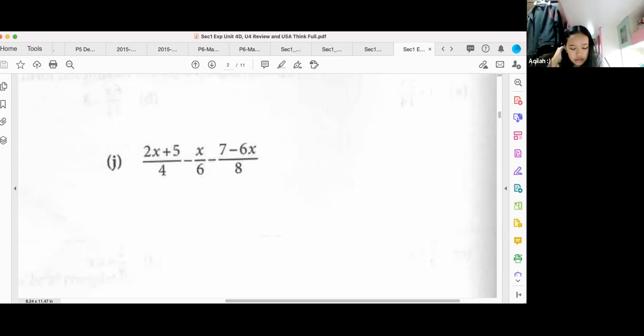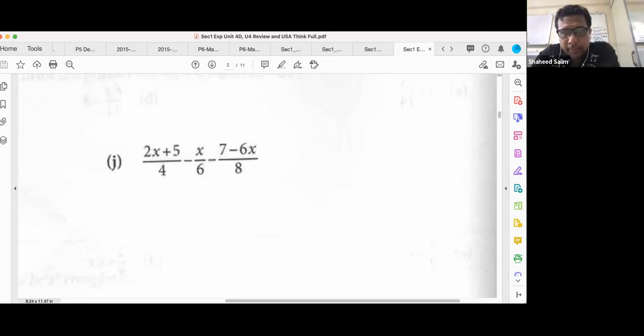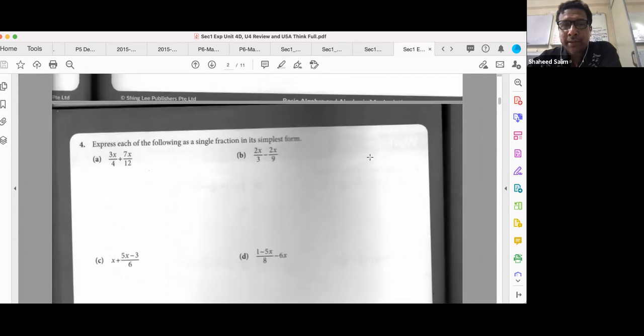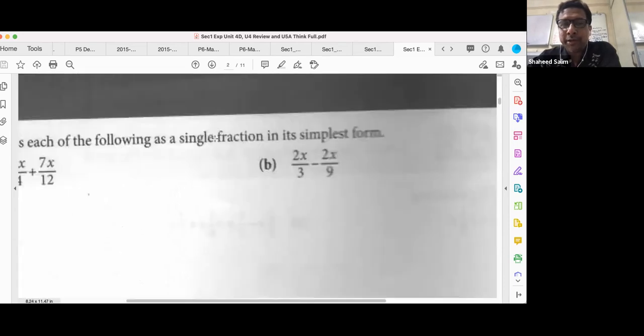Is the answer 13 over 12x plus 3 over 8? But that means it's two fractions, is it? Yeah. Because remember, they say express as a single fraction.